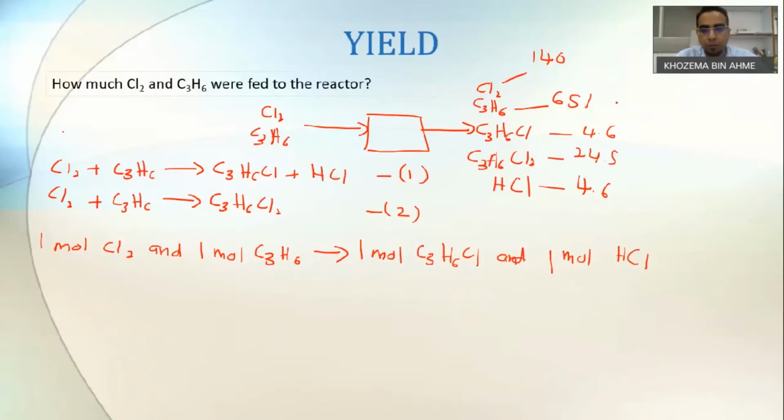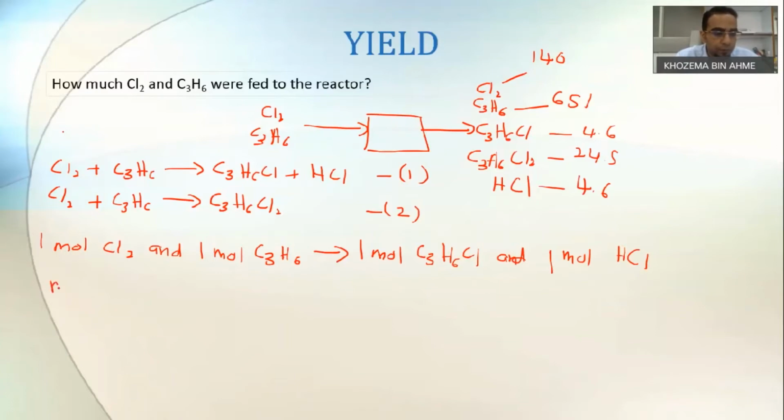But in our product side, we know that we have 4.6 mole of chloropropane and 4.6 mole of HCl. So automatically I can know that in order for me to produce 4.6 mole of HCl and 4.6 mole of chloropropane, the mole of chlorine and propane reacted will be equal to 4.6.